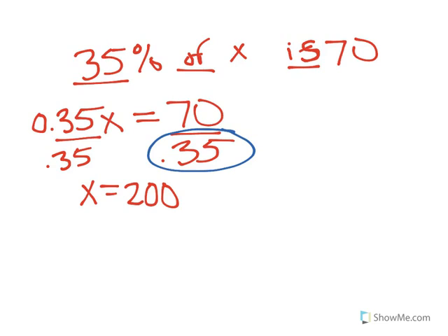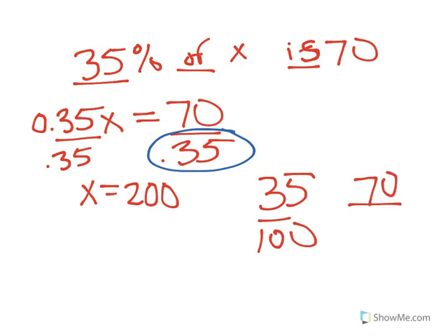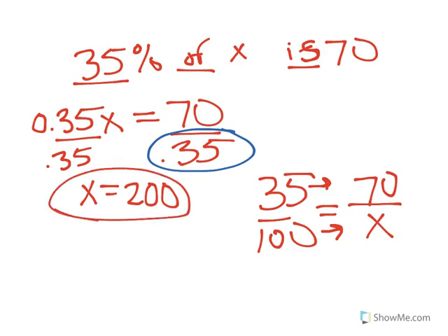So again, if you're dividing by a number less than 1, your quotient is going to be bigger than your original number. Let's set up the proportion. Percent means out of 100, is part over total. I don't know my total. Okay, that's part of it, but I don't know how much. Times 2, times 2. And 100 times 2 is still 200, so that is our answer.